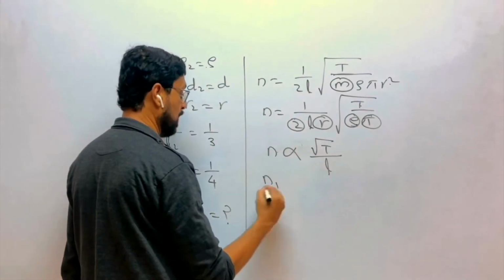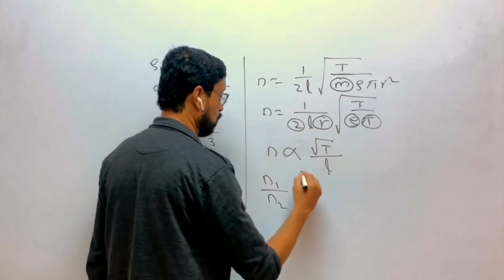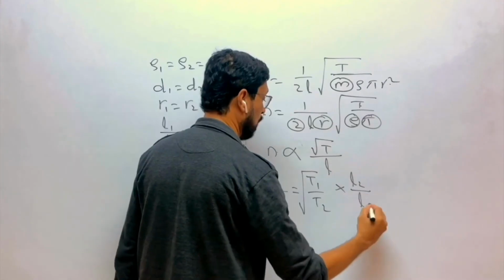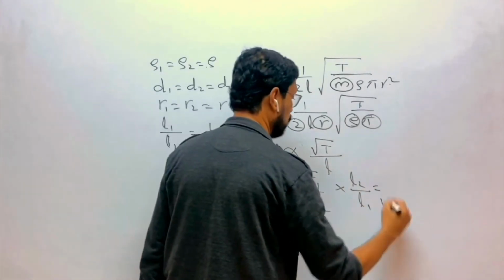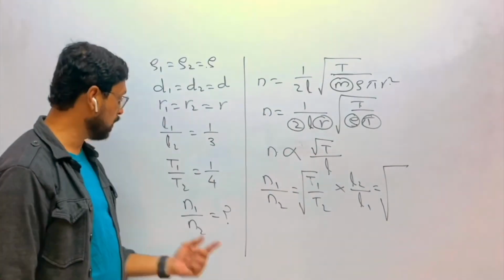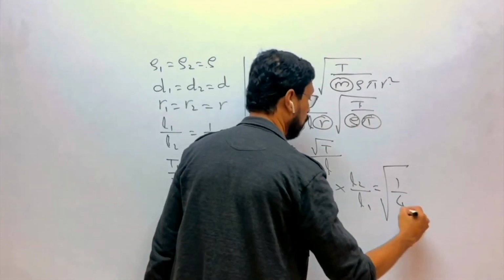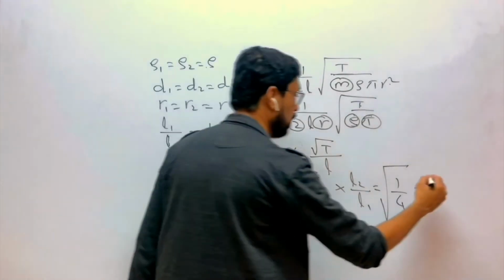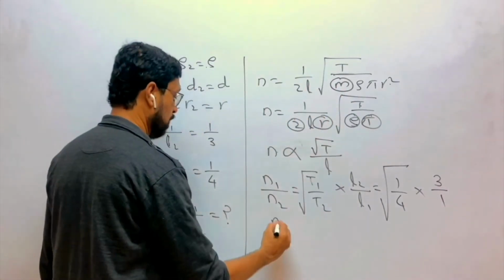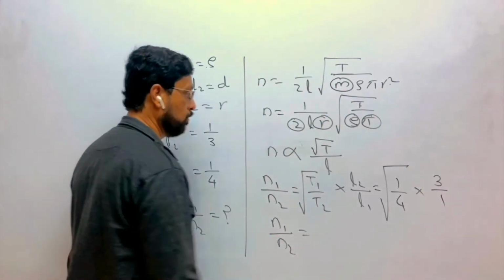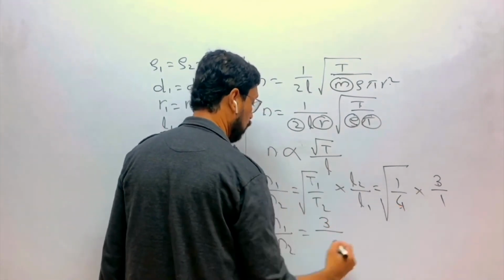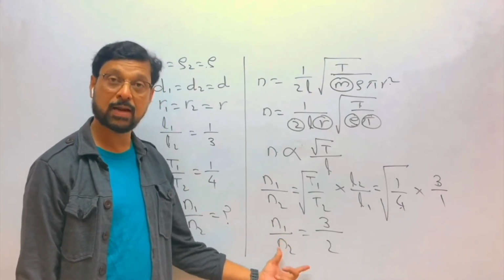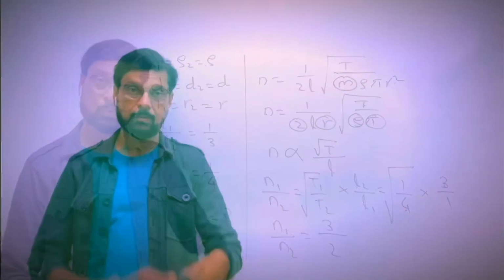So N1 upon N2 will be equal to under root T1 upon T2 into L2 upon L1. That is equal to under root 1 by 4 into 3 upon 1. So N1 upon N2 will be equal to root 3 upon 2. So their fundamental frequencies are in the ratio root 3 to 2.